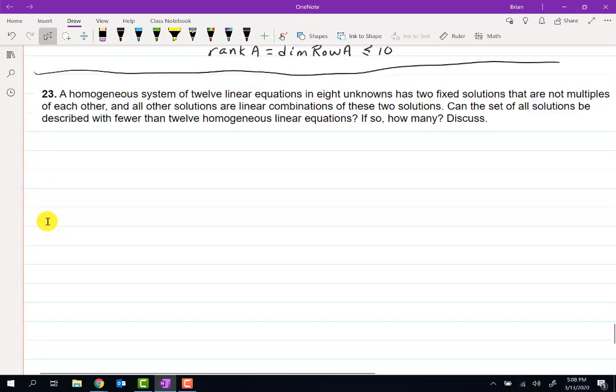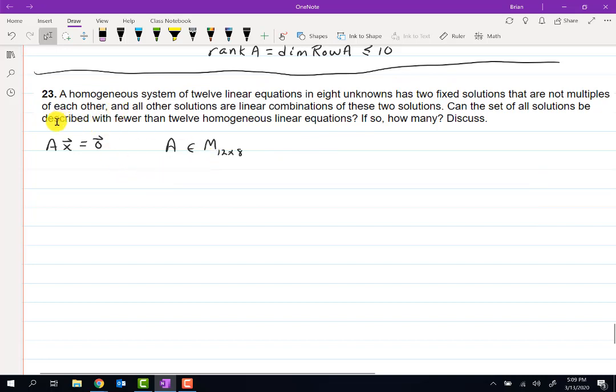Next, we have a homogeneous system of 12 linear equations and 8 unknowns. So we're looking at something like this. AX equals 0, and A is in M, 12 by 8, like that. And it has two fixed solutions that are not multiples of each other.